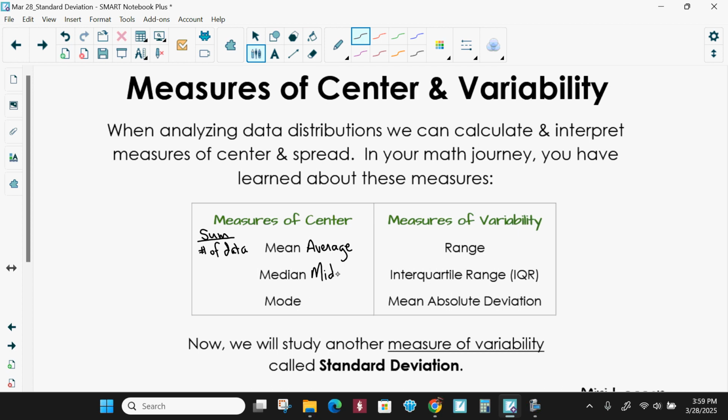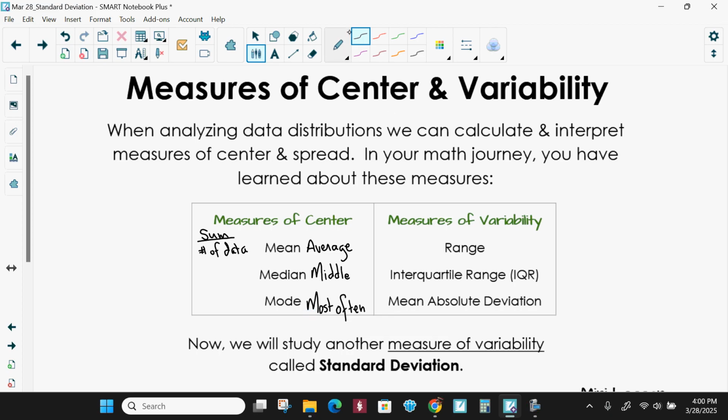And if you're doing that by hand, you have to make sure that your numbers are in order from smallest to largest. You don't have to do that on Desmos, but by hand you need to make sure they're in order. And then the mode is the one that appears the most often. There may be more than one mode, but if they all appear the same amount of time, like uniform data, there is no mode.